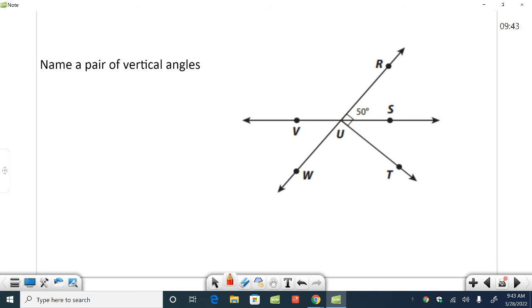So what do you got, Hayden? VW. You have to give me 3 letters. Oh, I didn't hear the U, sorry. VUW, and what's its congruent side or vertical side? No. RUS.